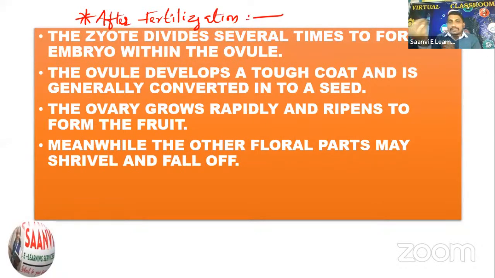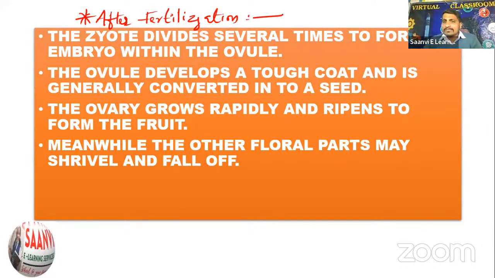Then the ovule will develop as a seed, forming a tough coat and converting into a seed. In the ovule, the embryo is there, developed from the zygote. The outer layer, the ovary, grows rapidly and ripens to form the fruit.